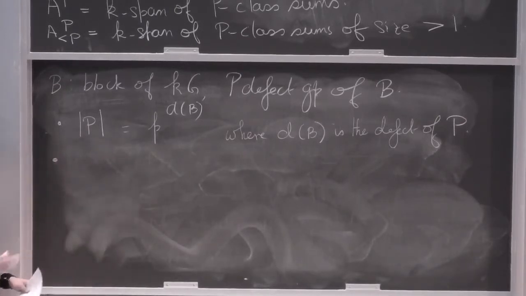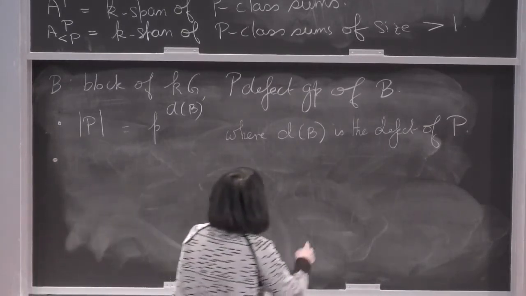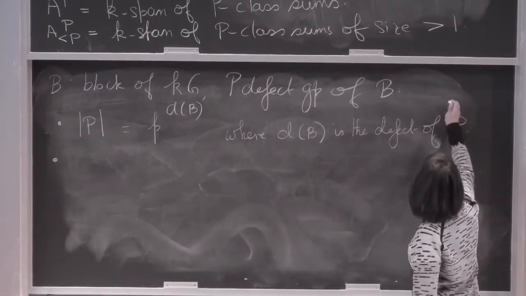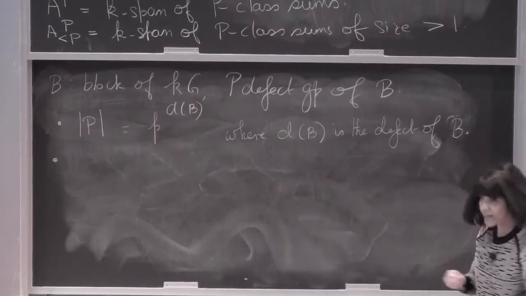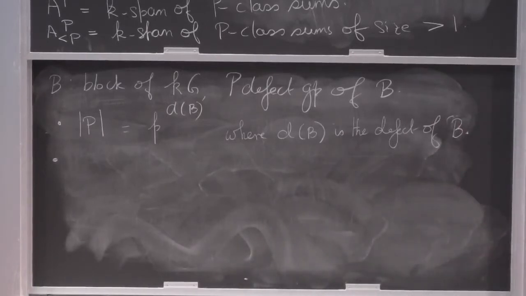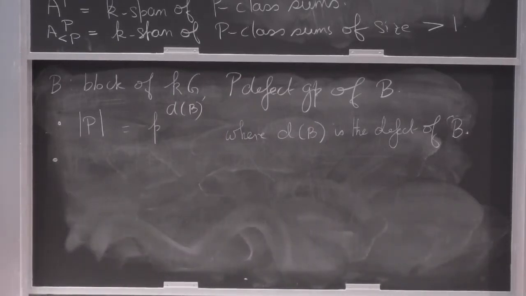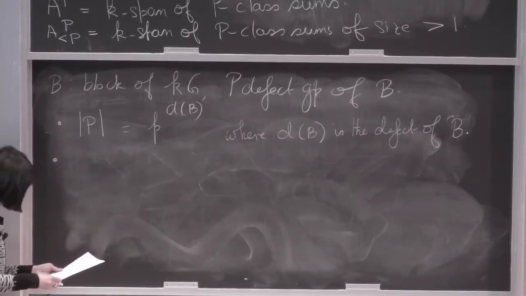These are facts about the defect group: P is the defect group of B. Now there are various alternative ways to think about these defect groups P.